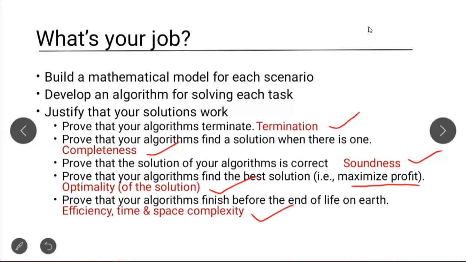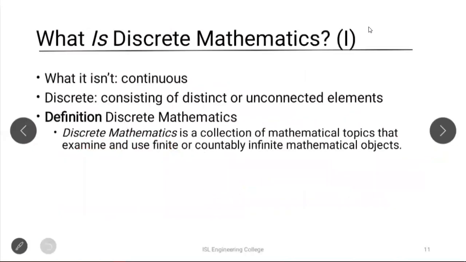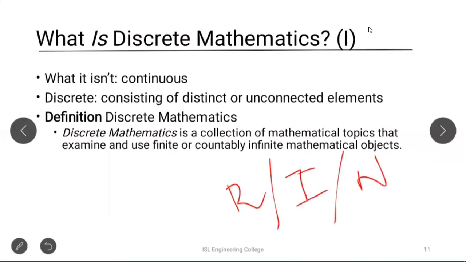The next thing. Now, what is discrete mathematics? What do you mean by the terms individually? Discrete is basically distinct, unconnected. When you study numbers, you study different types of numbers, right? There are real numbers, integers, natural numbers, all different kinds of numbers.